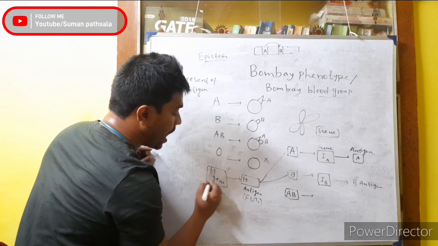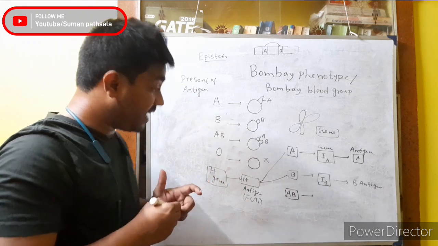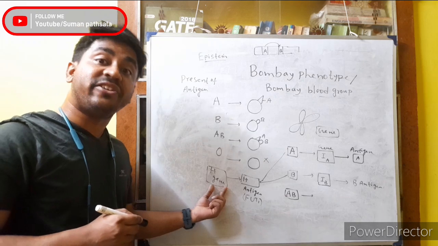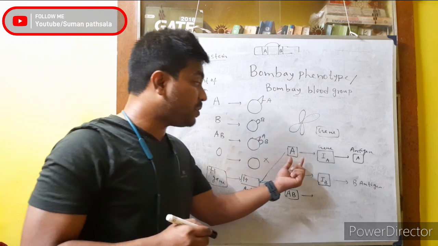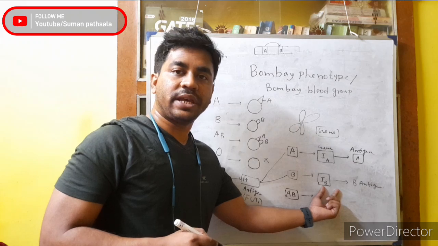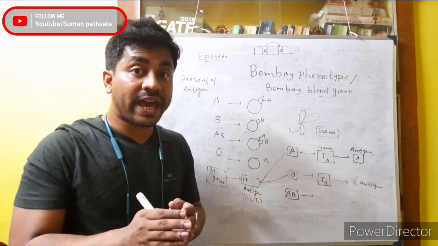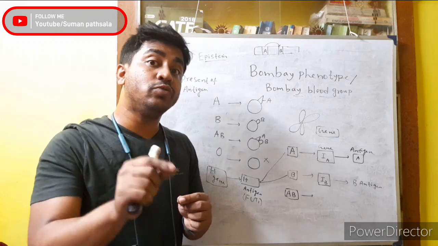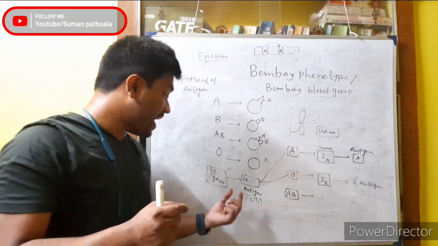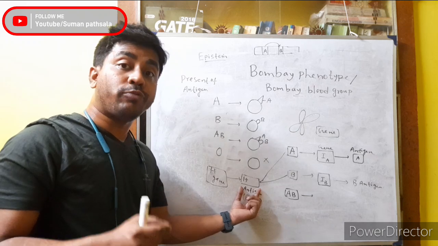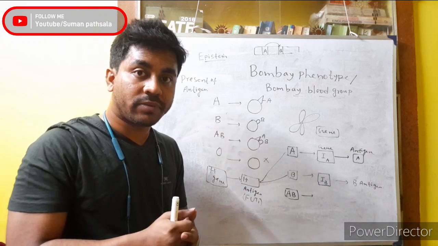So clearly, this gene is directly responsible for the expression of the A antigen and B antigen. That means if the A antigen is present in your body, you can be sure that the H gene, or the H antigen, is also present in your body.